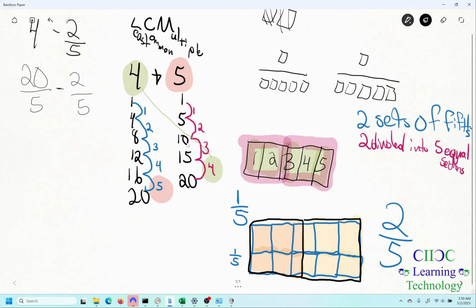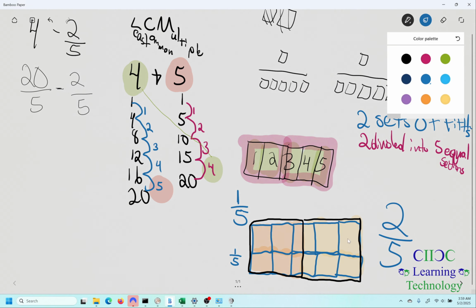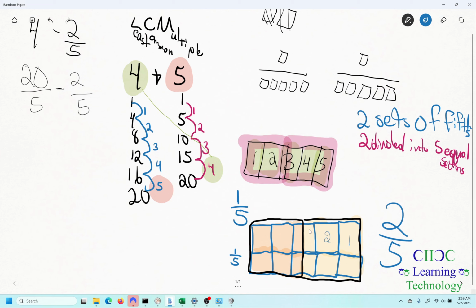We just talked about that. We could do it because this is 2 sets of 5, these blue blocks, 1, 2, 3, 4, 5, and I'll even write those in there. 1, 2, 3.